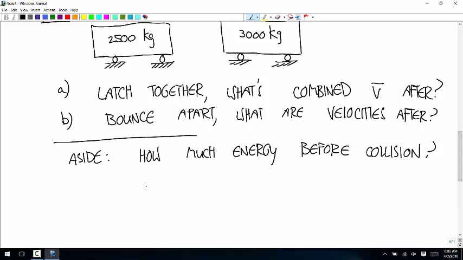So the kinetic energy of that first car is equal to 1/2 times 2,500 times the speed squared. Can someone calculate that? 1,102,500.